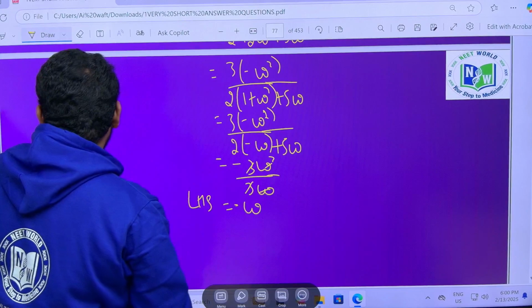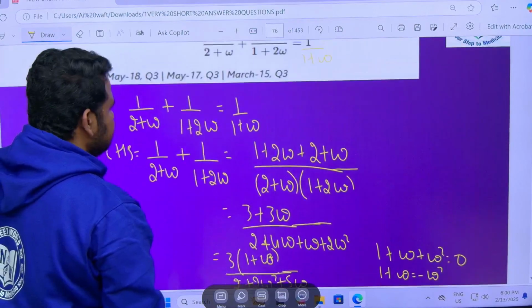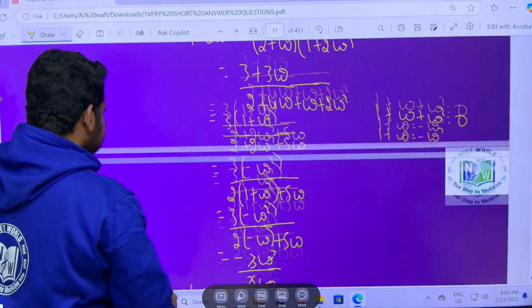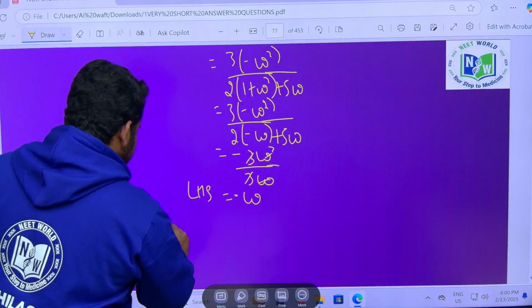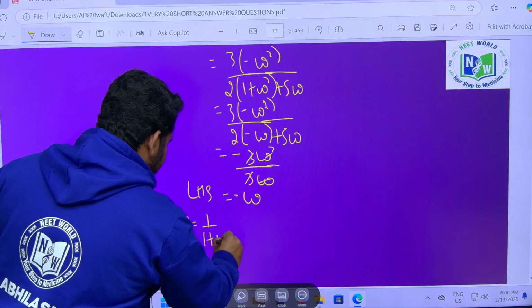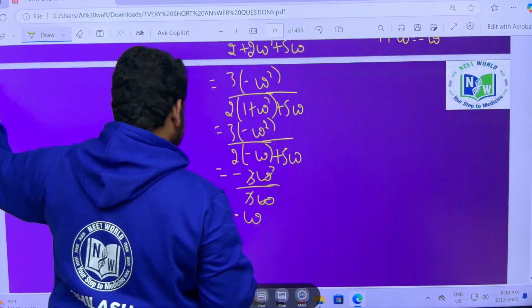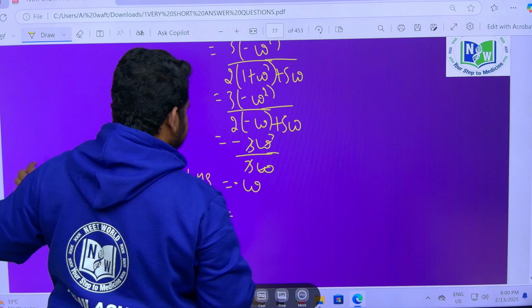Now let us take what is RHS. In the RHS we have 1 plus omega. But we know that by cube roots of unity, 1 plus omega can be written as minus omega square.